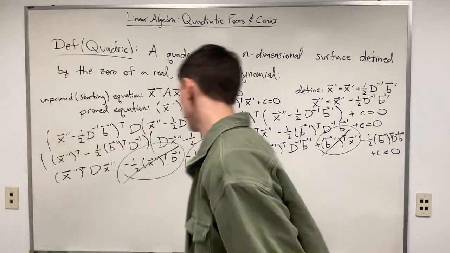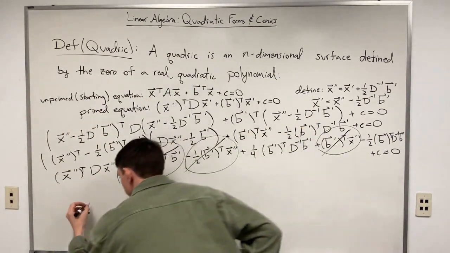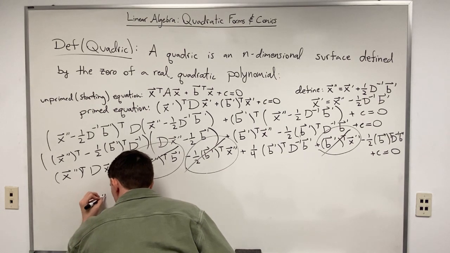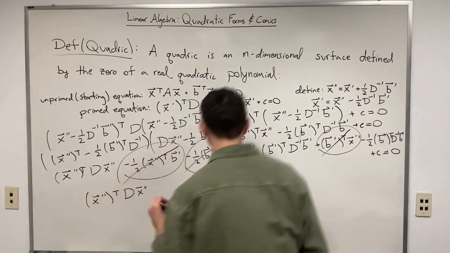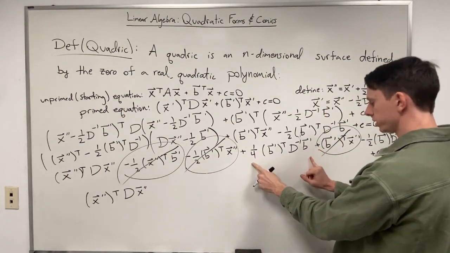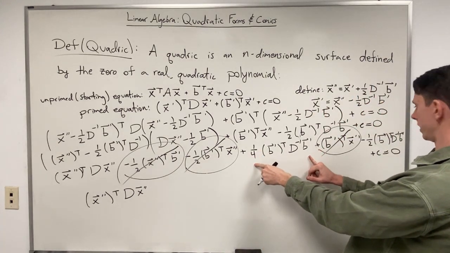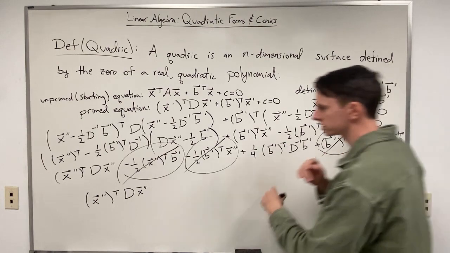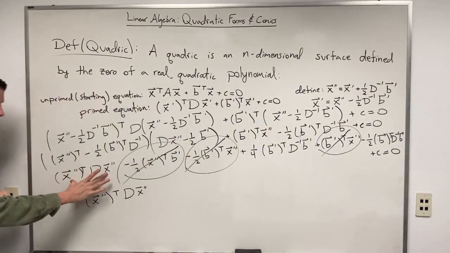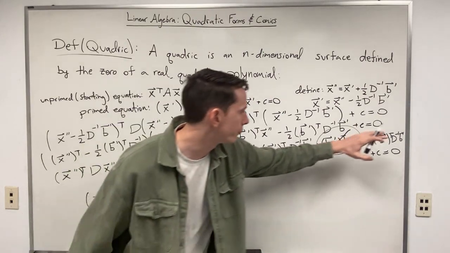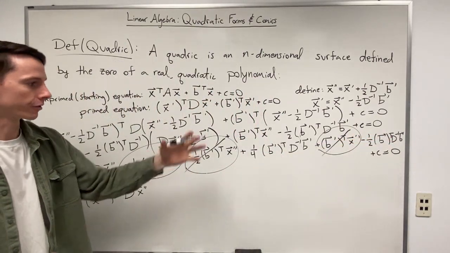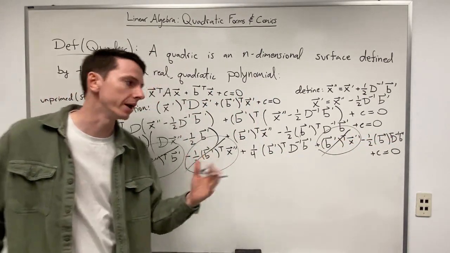And then what we're left over with is we still have this first term, x double prime transpose D x double prime, plus, and I think now that I'm looking at this, there are 2 factors of x right here, and the remaining terms have no factors of x. They're effectively a constant, independent of x.